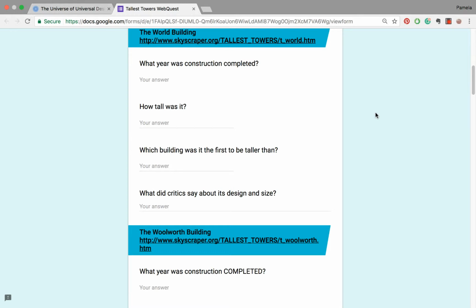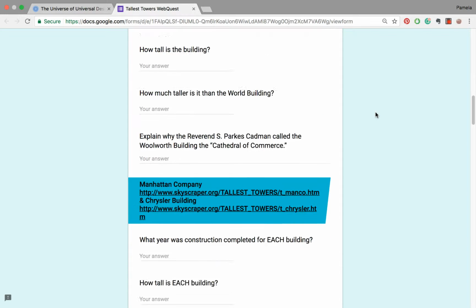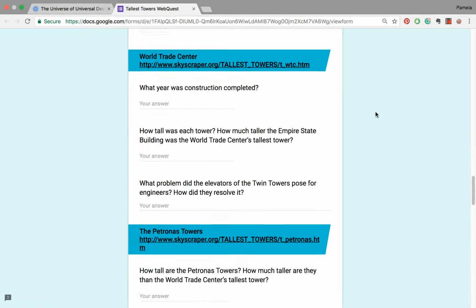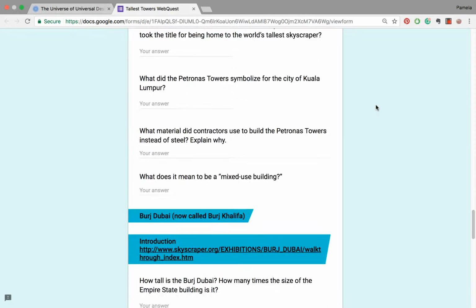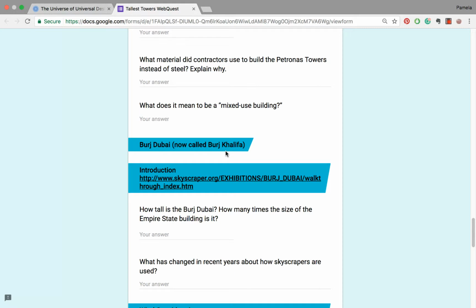This was an anticipatory set, really to build background knowledge on architectural terms and different skyscrapers around the world, but also to access prior knowledge, because one of the skyscrapers that the students were researching is the Burj Khalifa, which is right next door to us in Dubai.